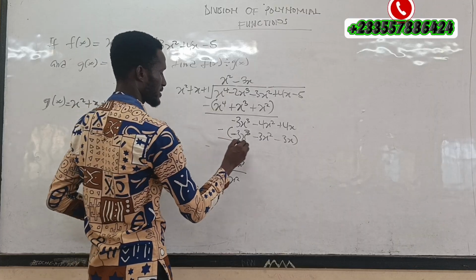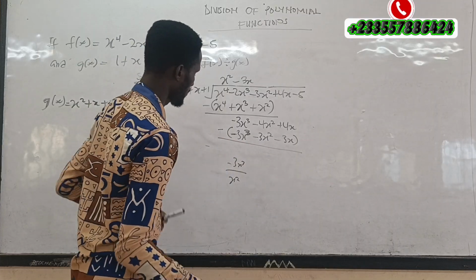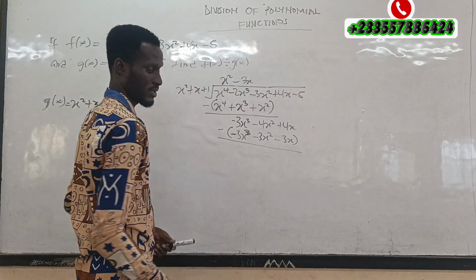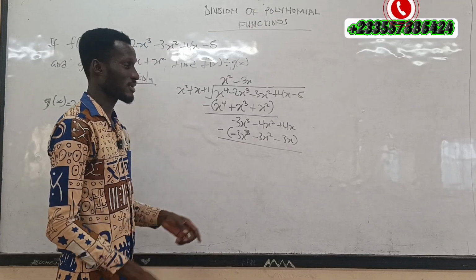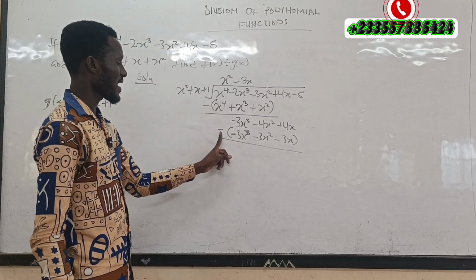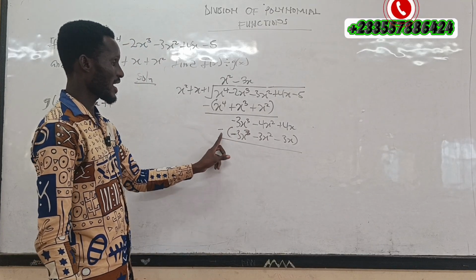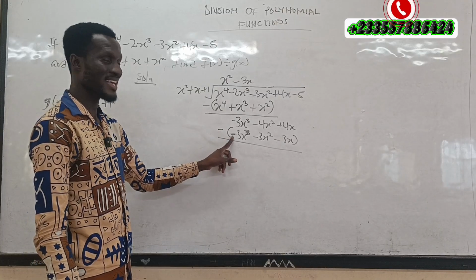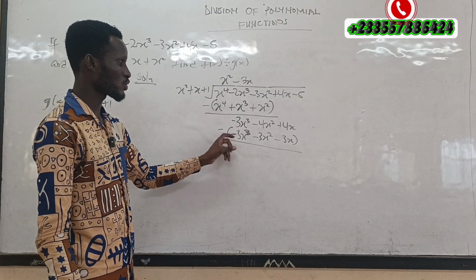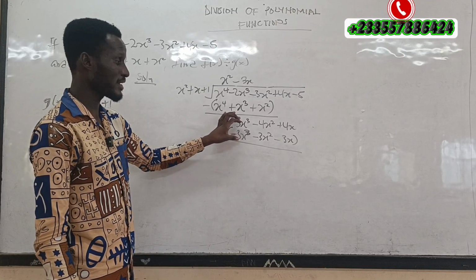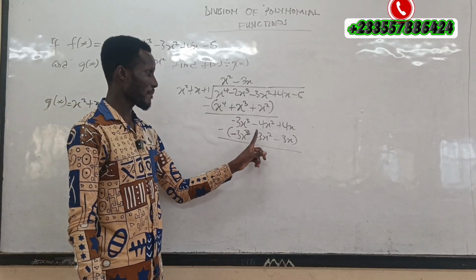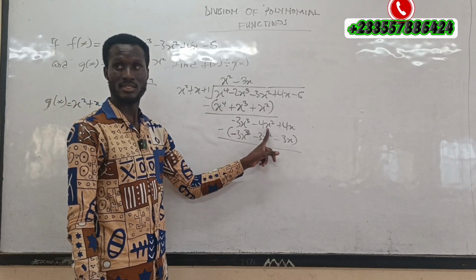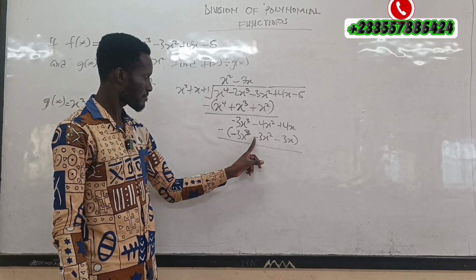Now then we subtract. Now let's subtract again. Minus 3x cubed minus minus 3x cubed. Now this one is going to give us plus 3x cubed, so it's going to make the thing 0, right? And then this one we have minus 4x squared minus minus.